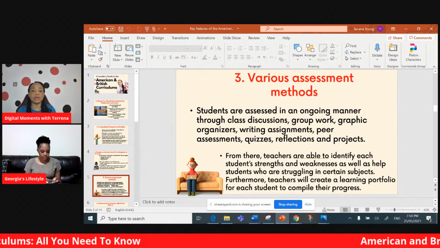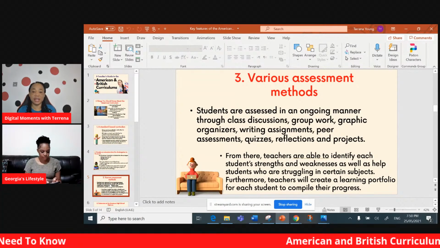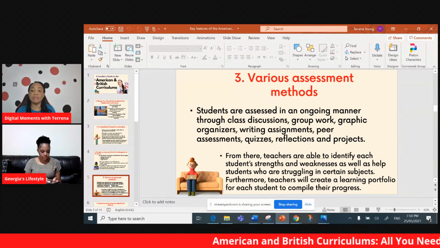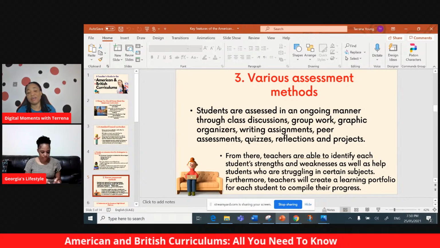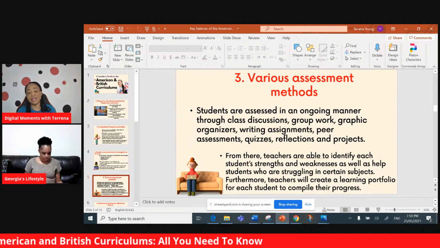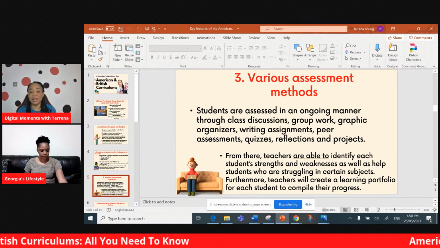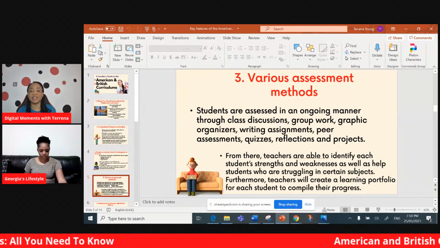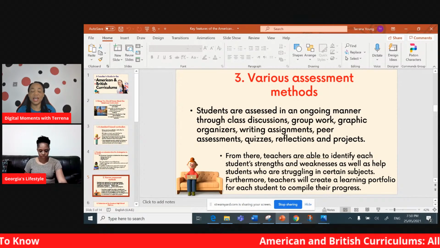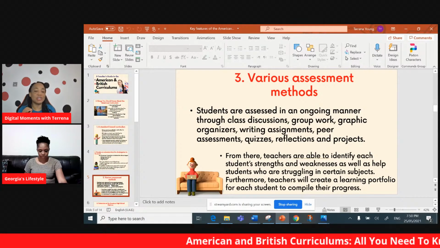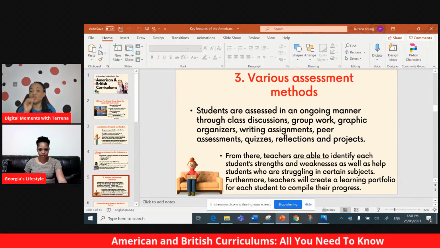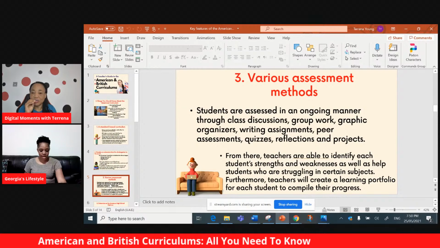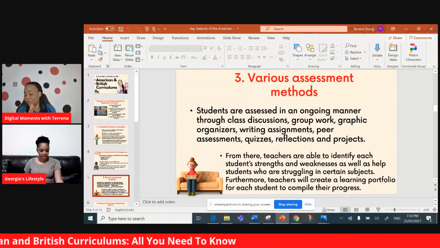Under the American curriculum, students are assessed in an ongoing manner through class discussions, group work, graphic organizers, writing assignments, peer assessment, quizzes, reflections, and projects. And I know every single school, every teacher uses at least three or four or five of these.